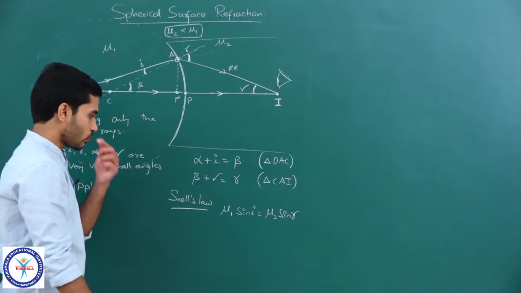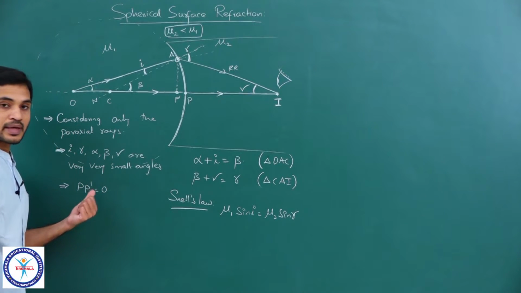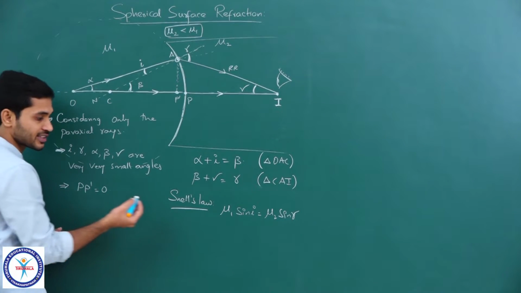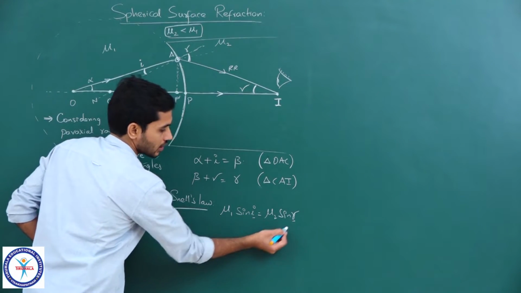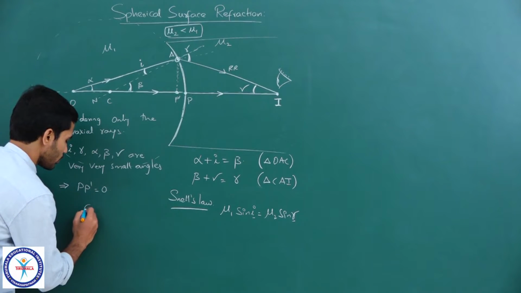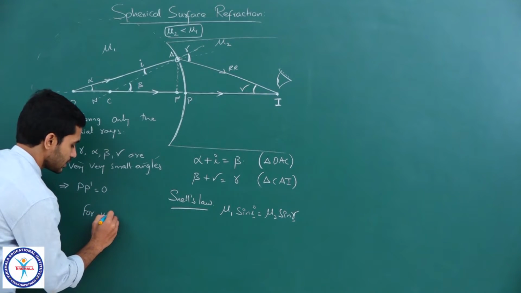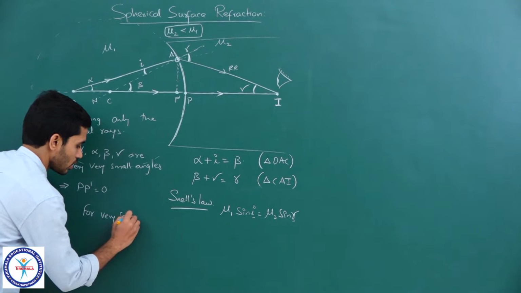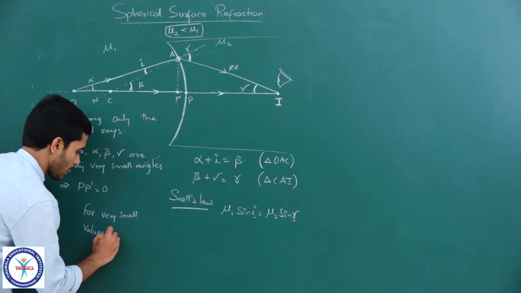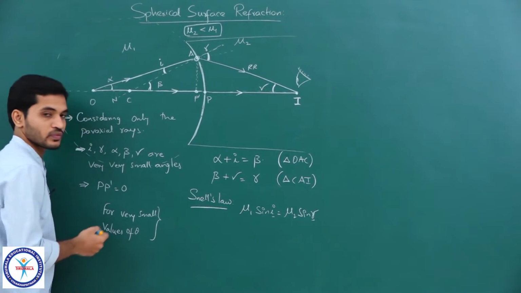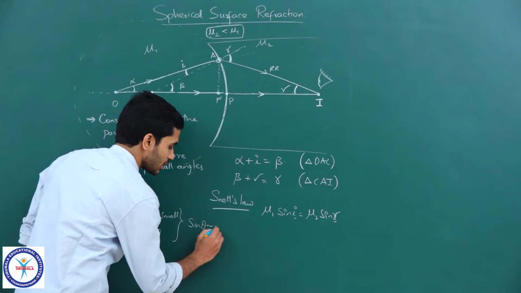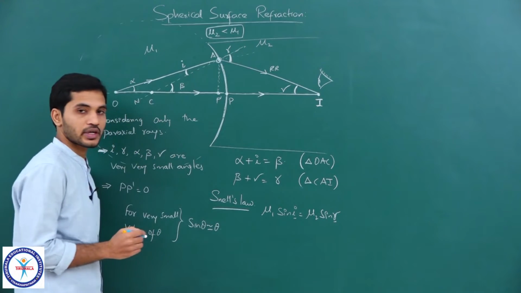Right. Now, if I apply the paraxial ray condition, paraxial rays basically ensure that I and R are very small values, correct. Now, we know for very small values of theta, we can say that sin theta is approximately equal to theta itself, correct.